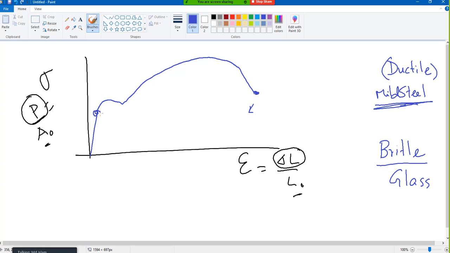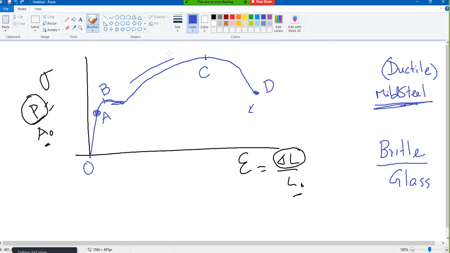So the linear portion we call the proportional limit, 0A. So A is the proportional limit, B is the yield point. And then this portion has no name, it is the plastic region. Plastic region means it will have permanent deformation. The top one is the ultimate, and this D is failure.